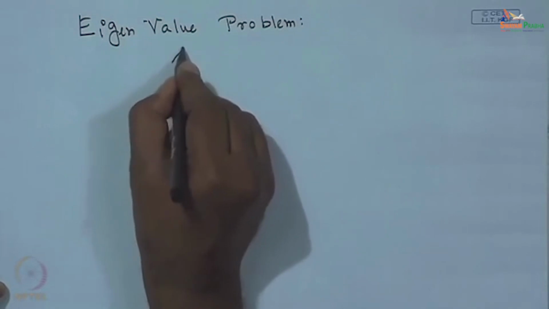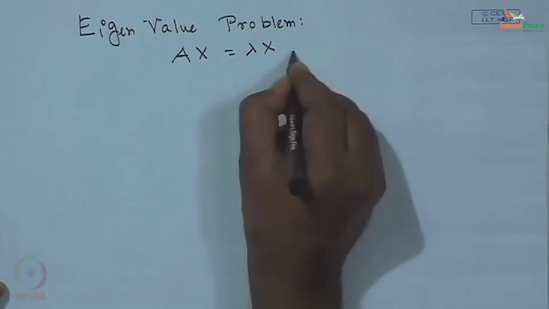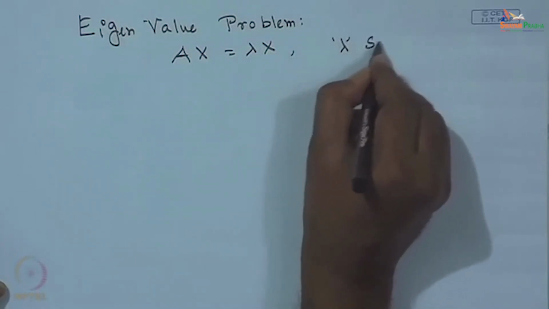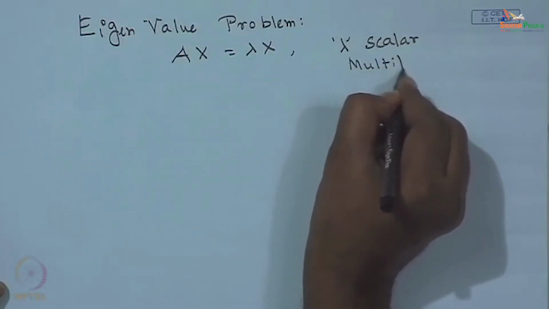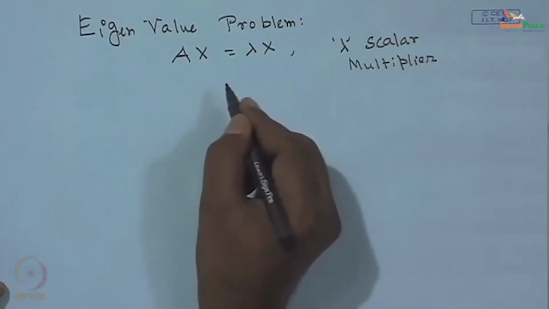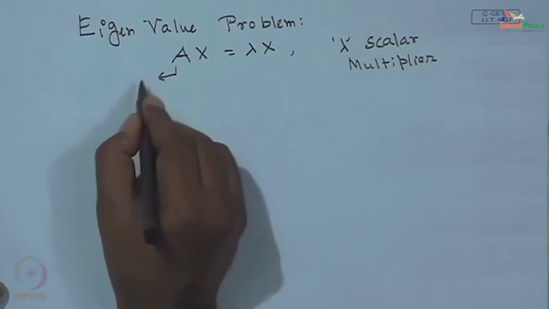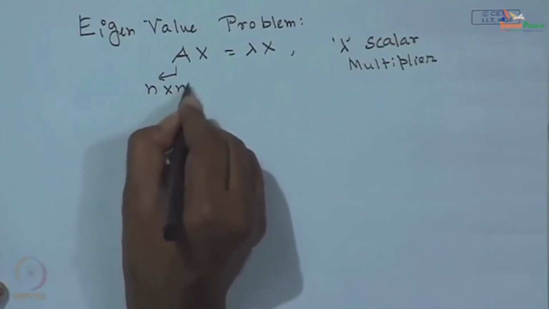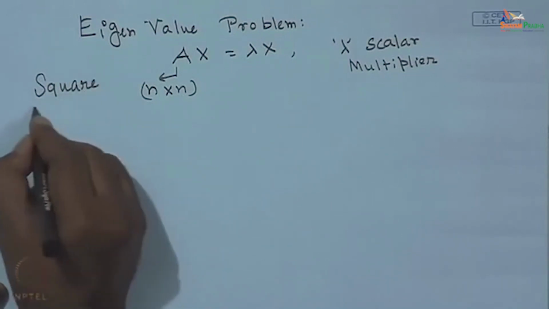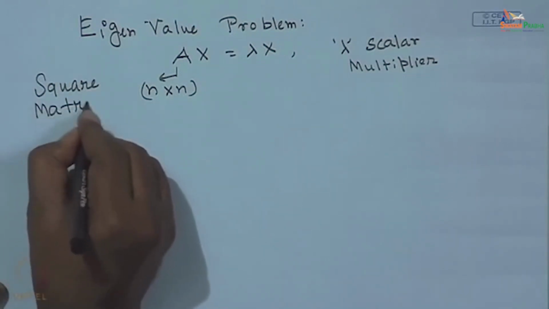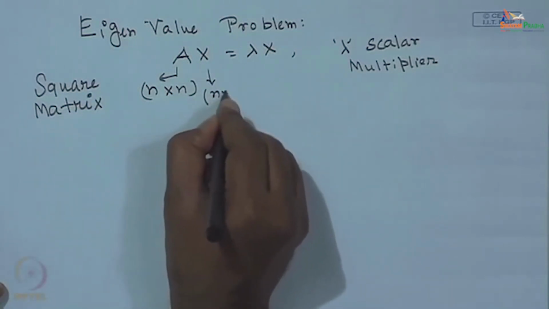If the form is the matrix A x is equal to lambda x, where lambda is a scalar multiplier, that means A is a matrix of size n into n. So, we are talking about a square matrix, and x is a vector of size n into 1.